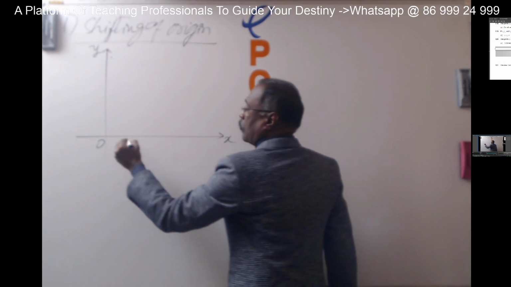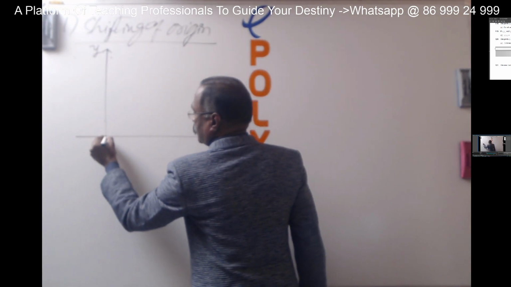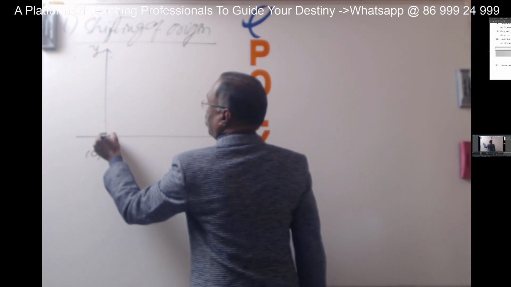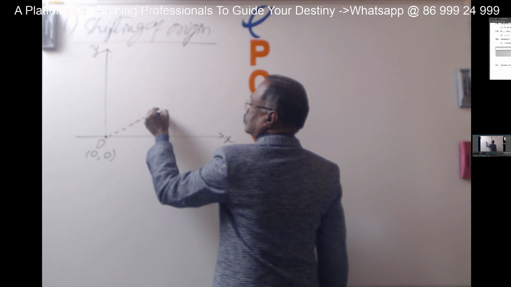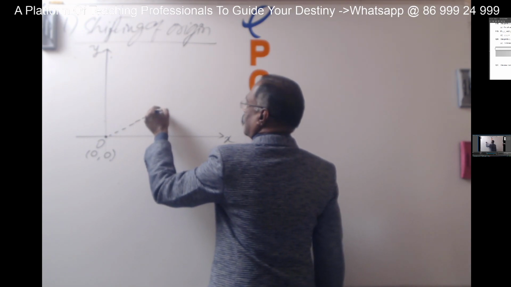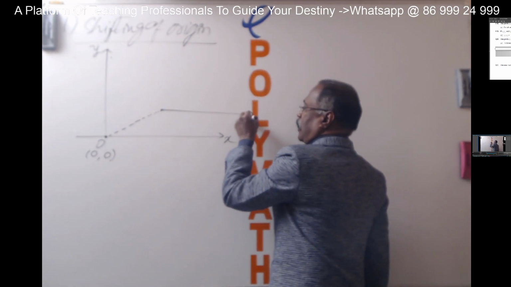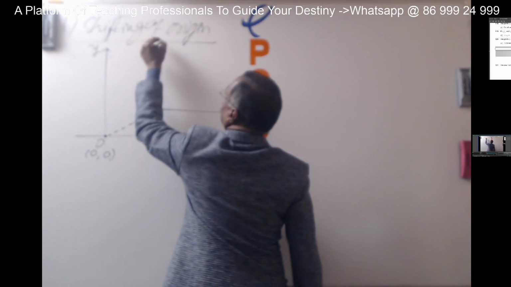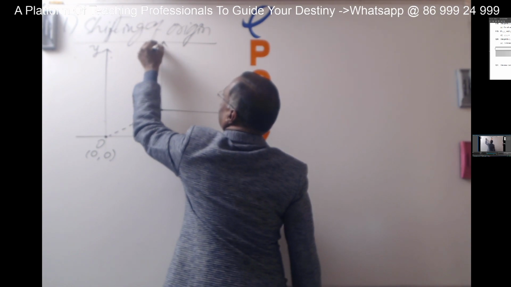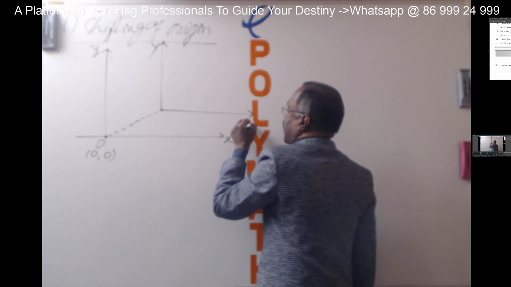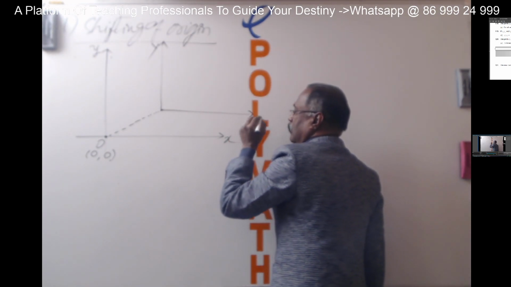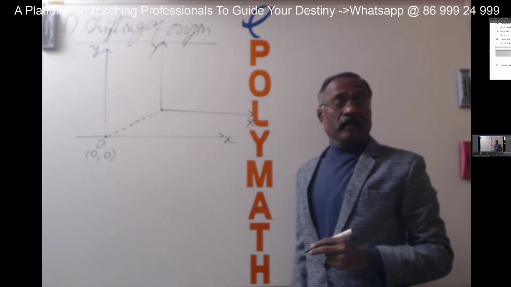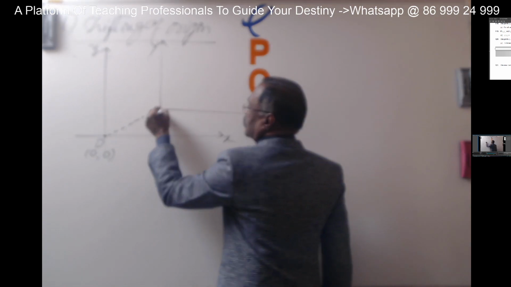And now we are shifting this origin 0, 0 to some other point, without rotating the axes. We name them capital X, capital Y. And what is this new origin here?